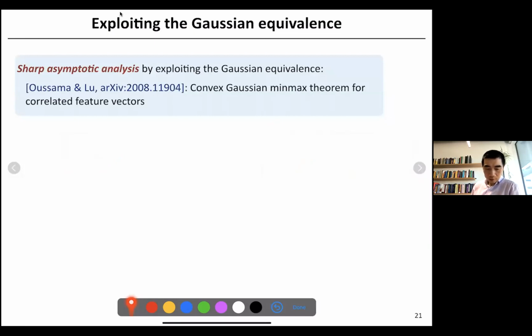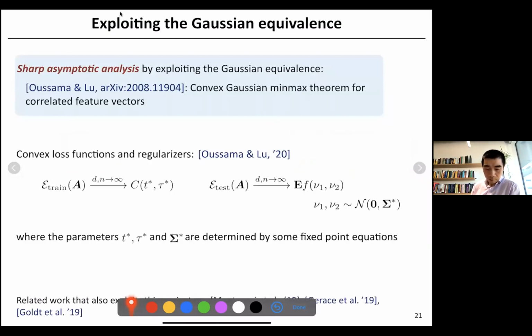Now, this is indeed what we did in our recent work with my student Osama Dhifallah, and we use so-called Gaussian comparison inequalities for studying this model. So what we show is that, I think I have to be more precise. In this case, it should not be the A version, it should be the B version, because we haven't established the universality yet. We're just saying that if there is this universality, then you get to study the linear Gaussian version.